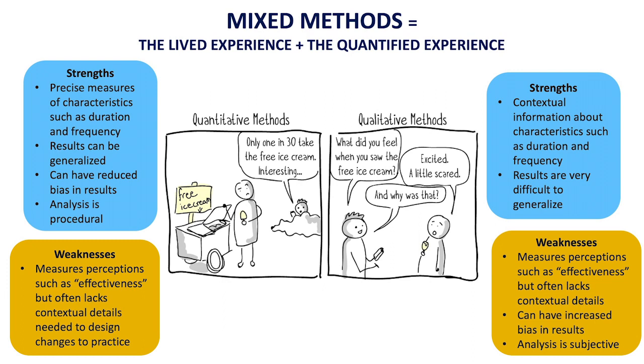There are weaknesses, though, that our quantitative data can support when it comes to qualitative data. So for qualitative, it's hard to generalize your findings because you're getting the perceptions and experiences and accounts of each individual.